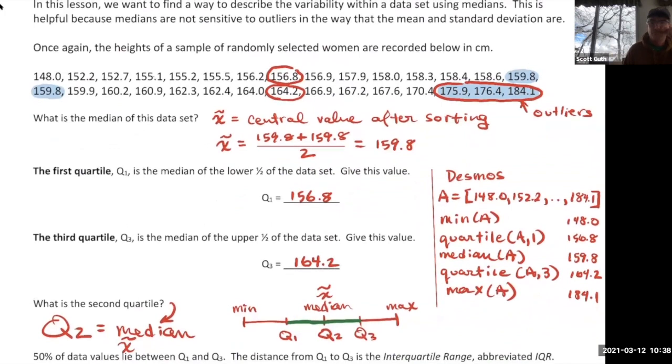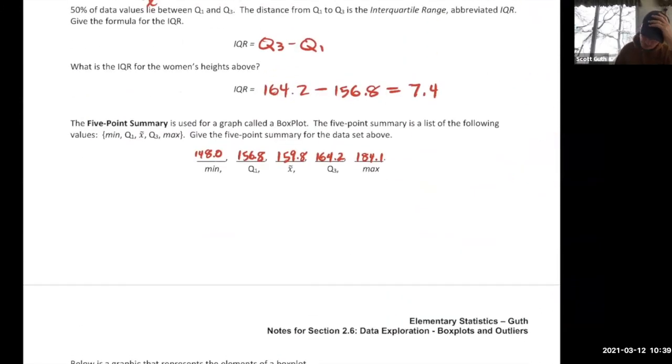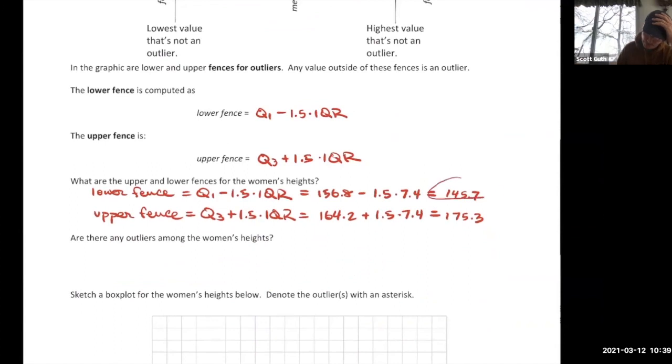Wait, I have a question. Yeah. Okay, so I'm following, but right now what we're currently looking for, with both the lower and the upper fence, is any numbers that go below 145 and above 175? Yeah, it was below 145.7 or above 175.3, correct?